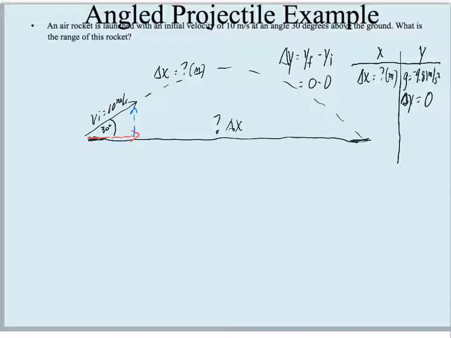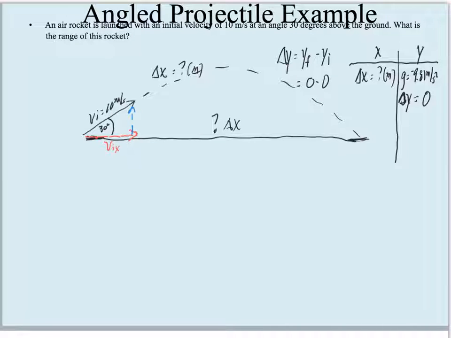In other words, you can find the initial velocity along the x, and you can find the initial velocity along the y. And all we need to know to do that is a little bit of trig. So let's go ahead and see if we can figure that out.